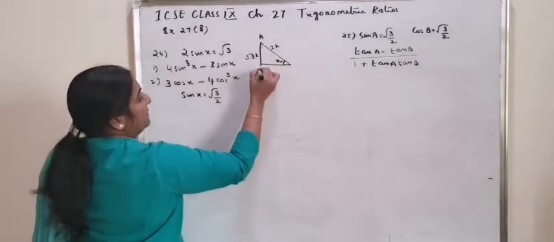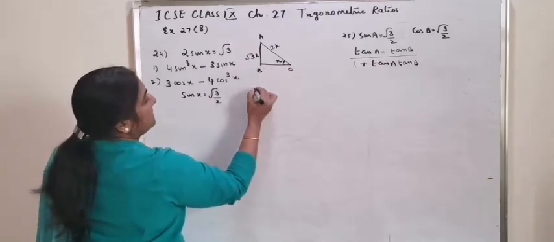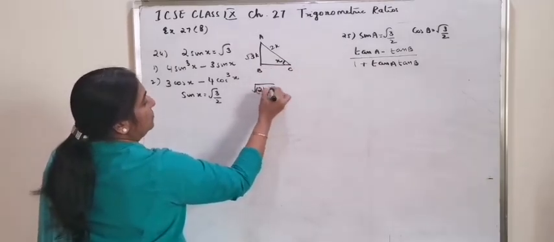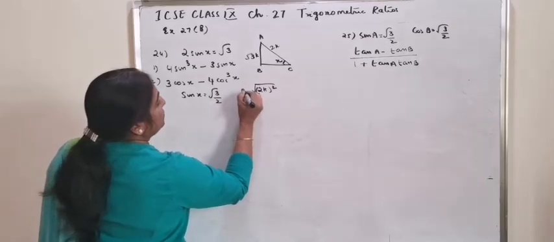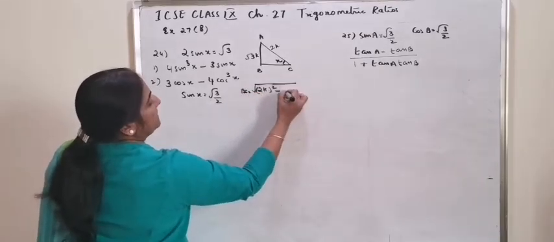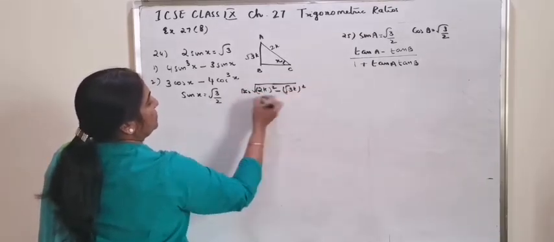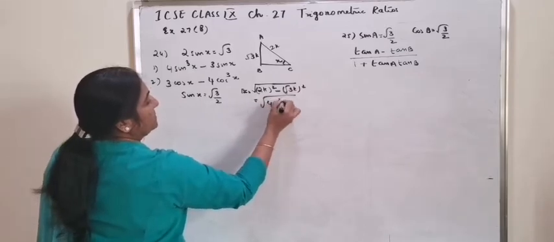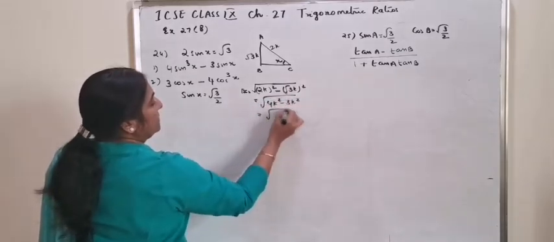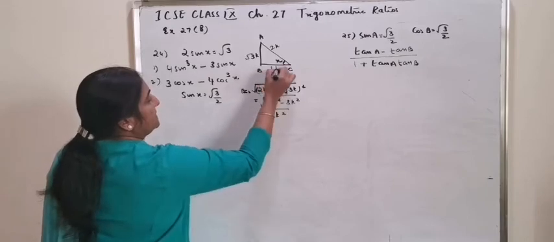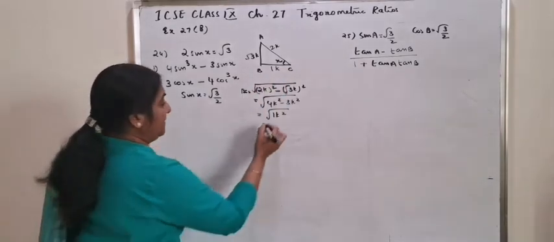Immediately we can find out the base as square root of 2k the whole square minus root 3k the whole square, square root of 4k square minus 3k square, square root of 1k square, which is the same as 1k.